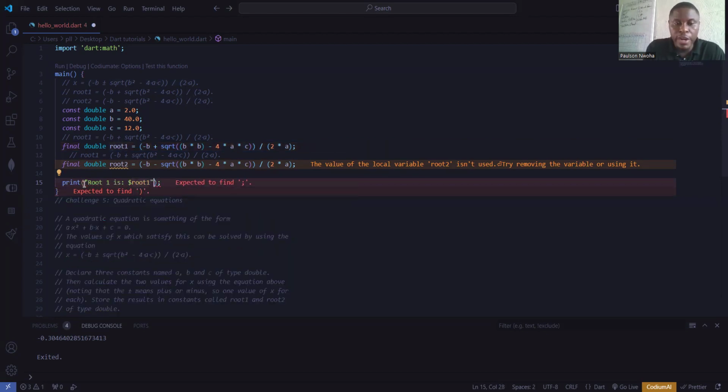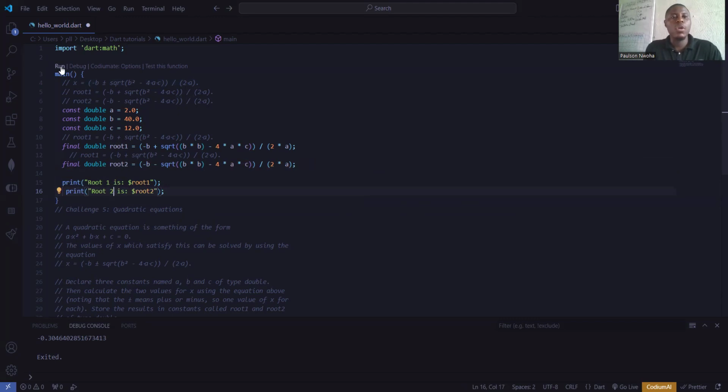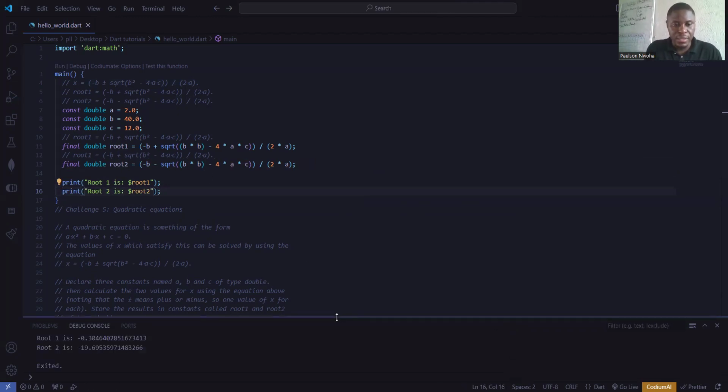If you don't remember, please visit the topic in strings. If you get confused here, please visit the topic in strings. This one will be string root 2. So if I run this now, we are going to get the two values of s.